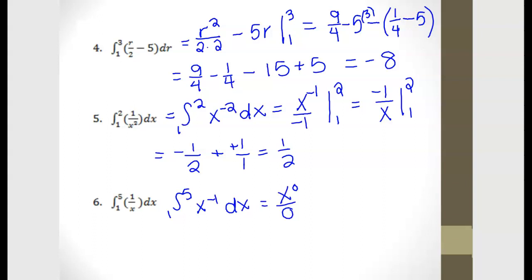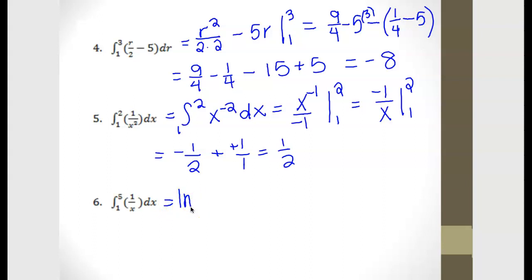So anytime you have a 1 over x or some manipulation of that, the reverse power rule will fail. So if you get that x to the 0 over 0, you're going in your head, no, natural log. So the antiderivative of 1 over x is the natural log.